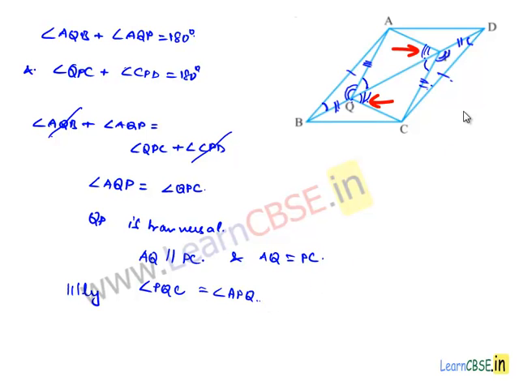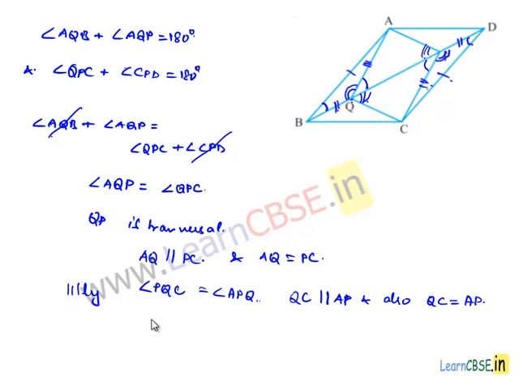So here also the two alternate interior angles about transversal QP will be equal. So we can say QC is parallel to AP, and also initially we got that QC is equal to AP.